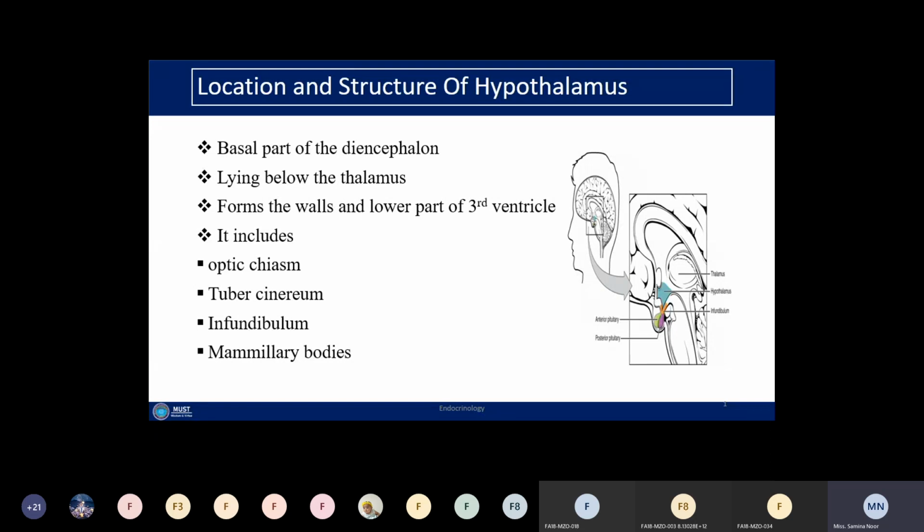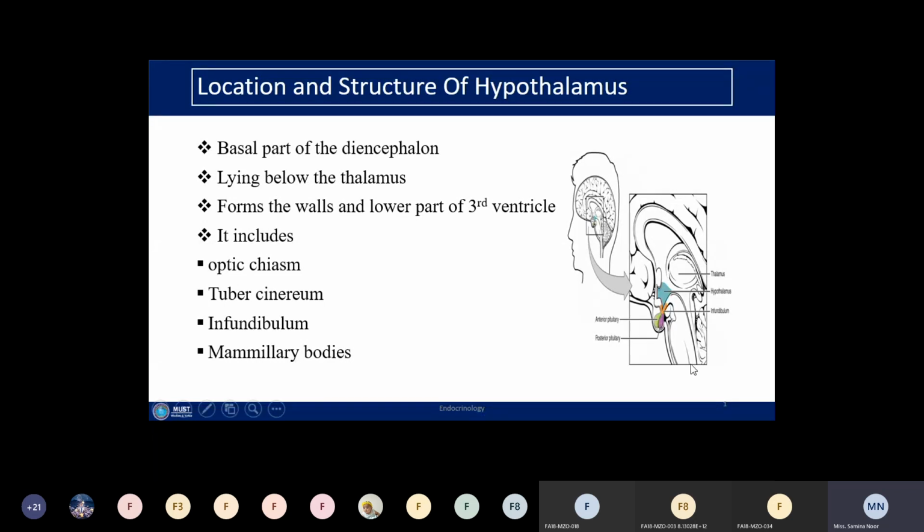The hypothalamus forms the walls and the lower part of the third ventricle.